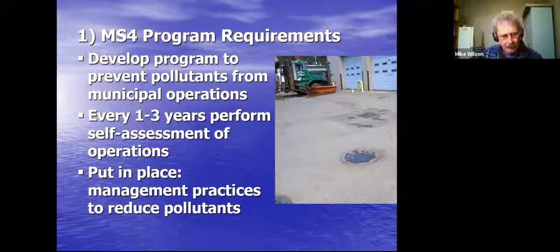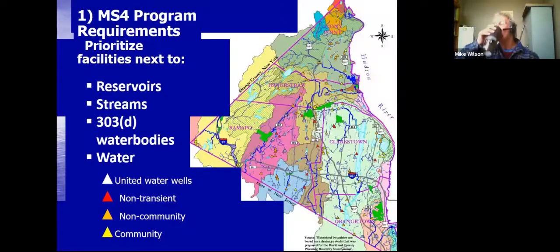And they should be putting into place management practices to reduce those pollutants. One of the things you want to prioritize are your facilities that are next to reservoirs, streams, and 303 water bodies, and of course, wells, your sources of drinking water.